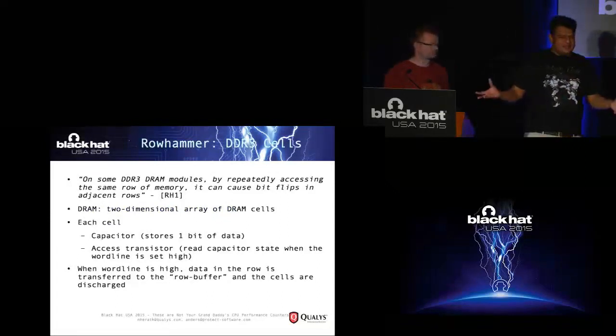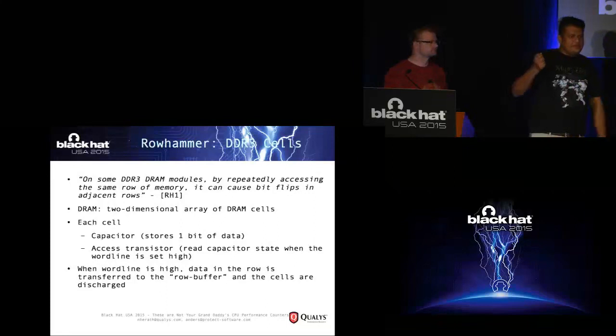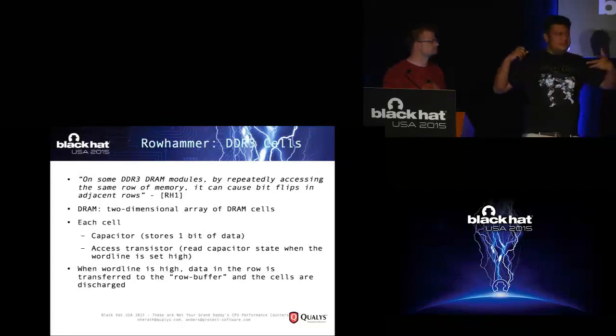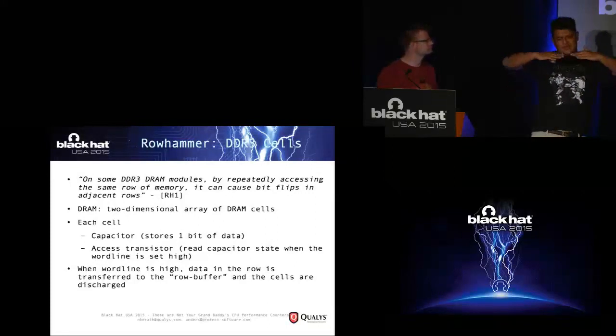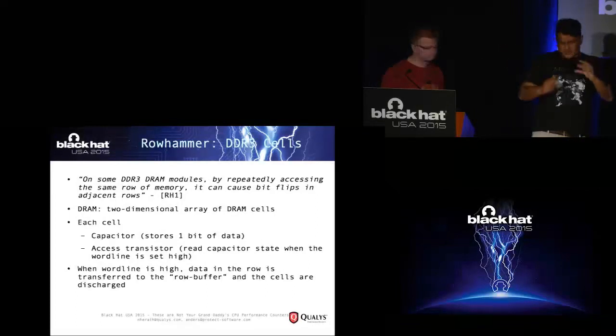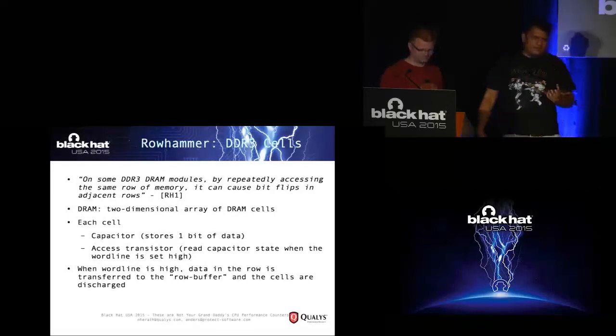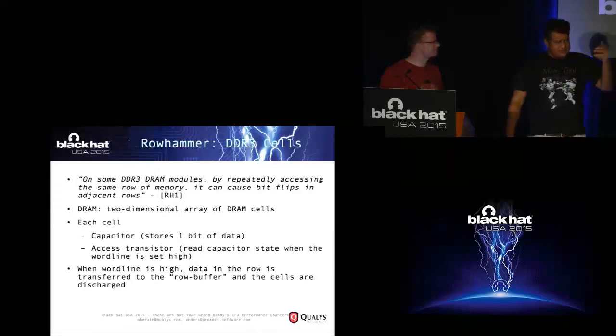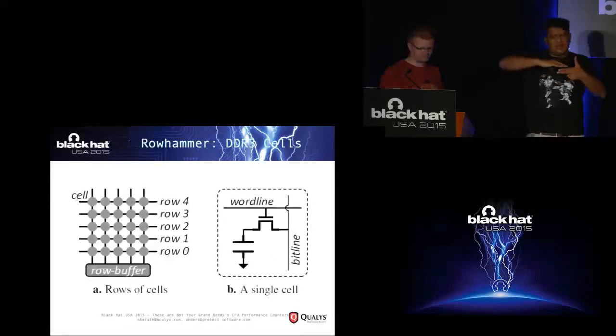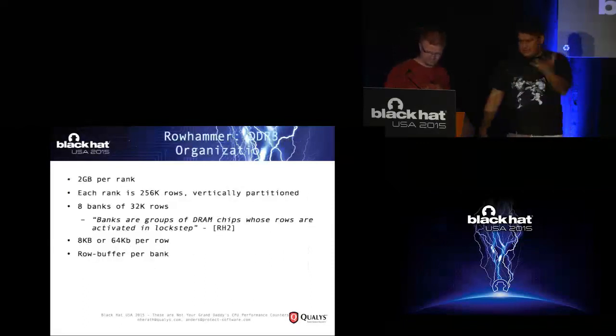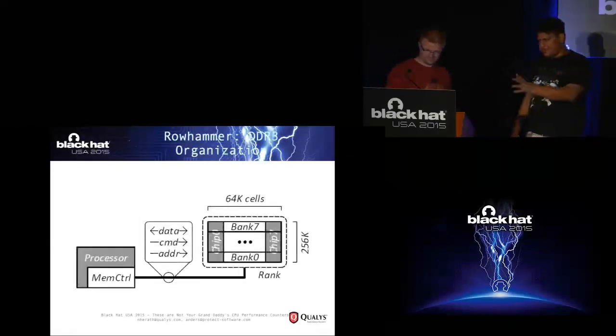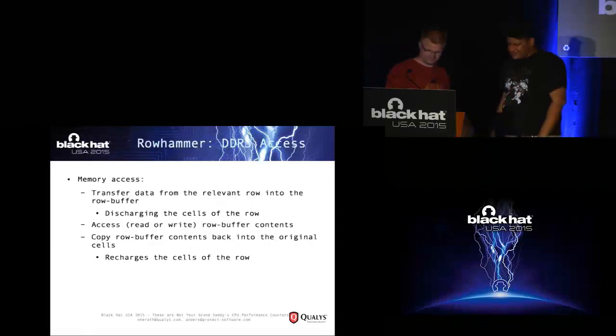But the bottom line is that with DDR3 memory, if you read the same memory address fast enough, then you can cause bit flips in adjacent memory in the same memory chip itself. That's the whole point of row hammer. You keep on hitting the same memory address and cause bit flips in other addresses in the same proximity. So that's basically a discussion into how the DDR is set up.